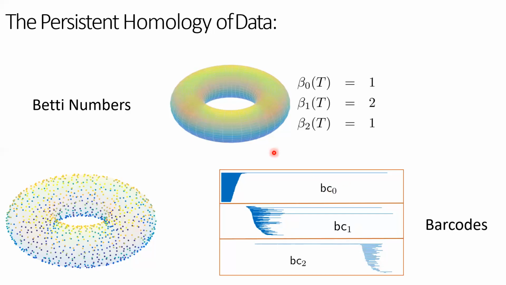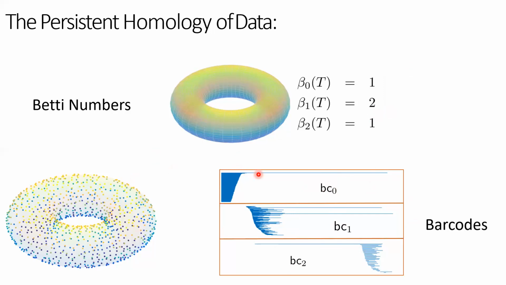So if you compare the long bars that you have in each dimension to the Betti numbers of the space, you will notice that the long bars indicate the underlying homology of the space from which the data was sampled, right?